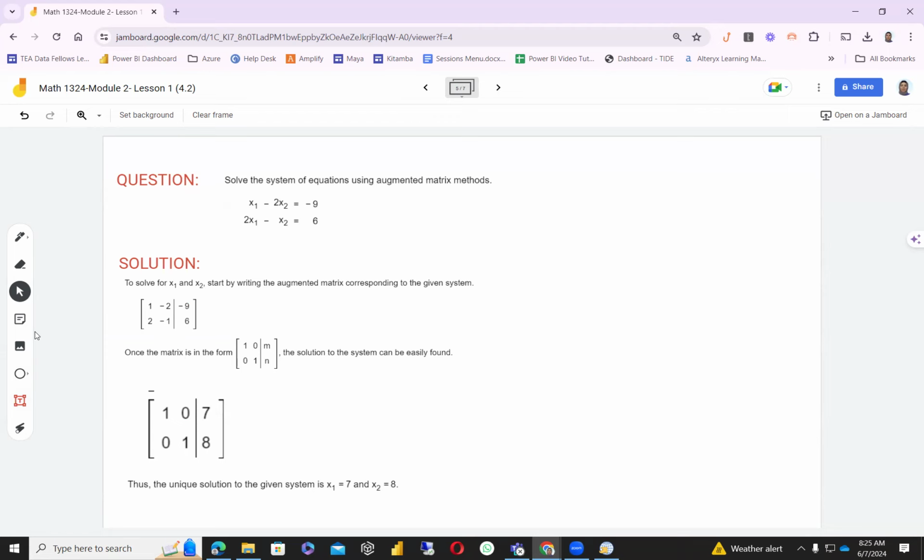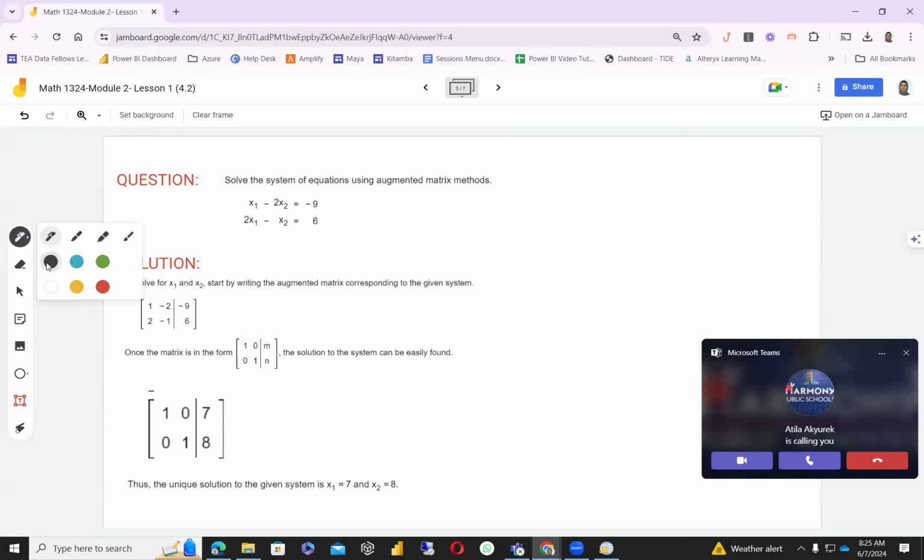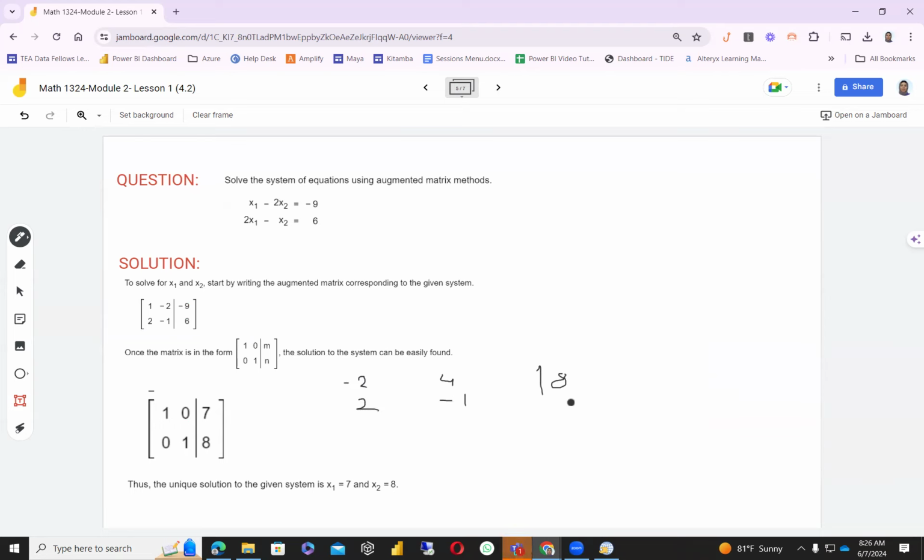So let me see if I can actually write here. And here, if I just multiply the first row, it makes 4, 18, and then I add them up with the second row, which is 2, -1, and 6.